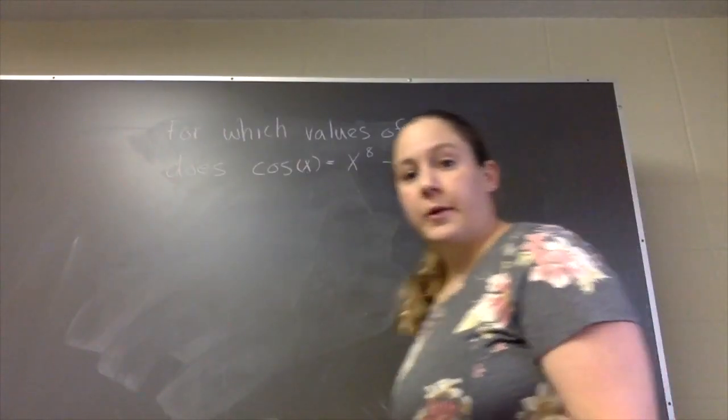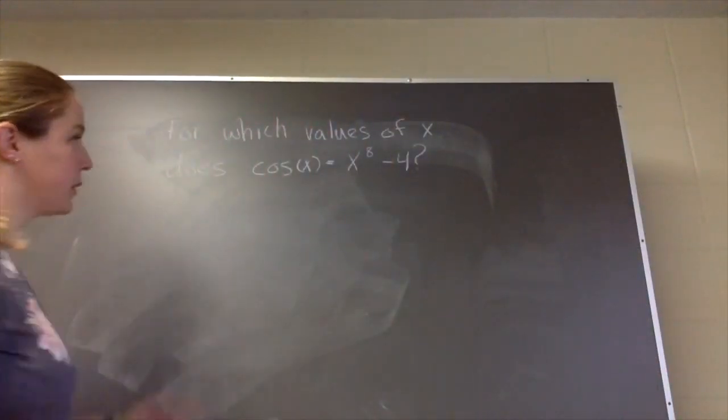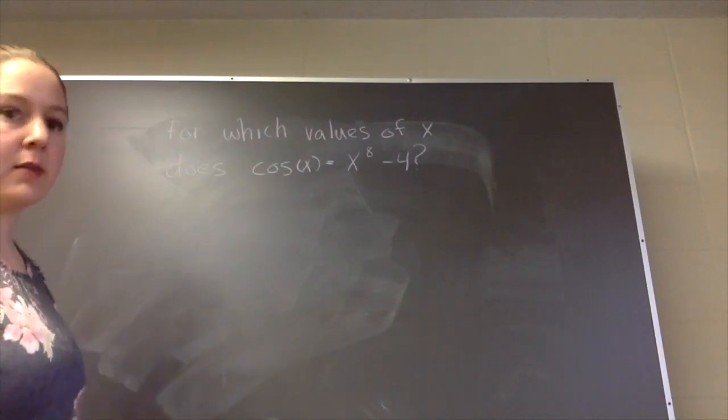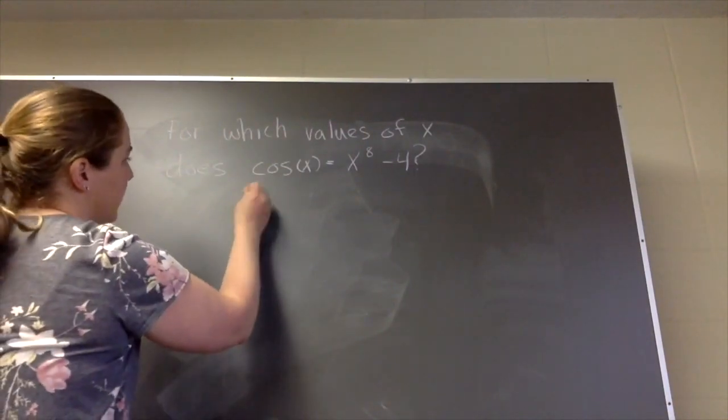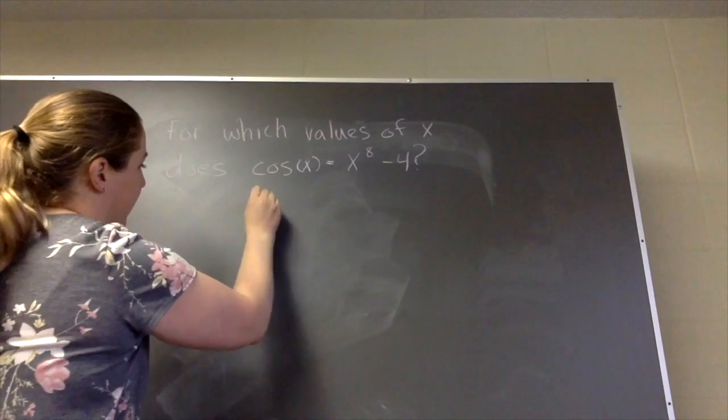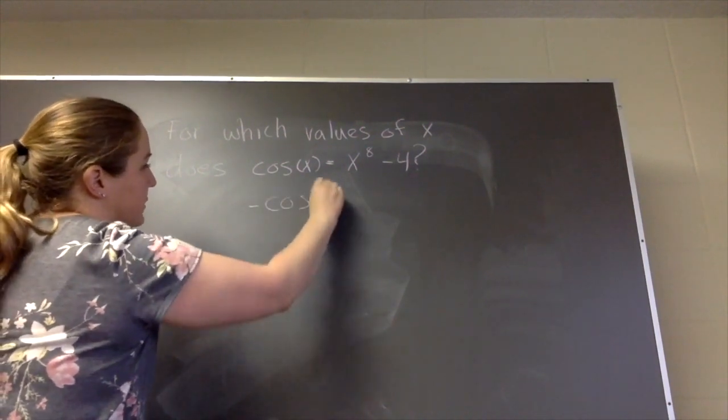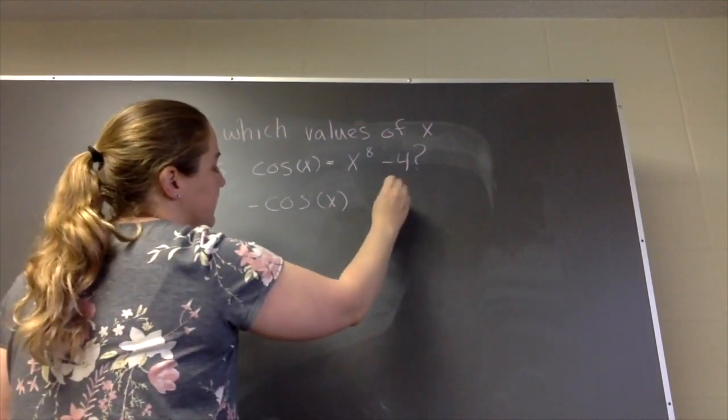So essentially what we're doing here is we are finding the root of an equation. Wolfram Alpha is taking this equation that we have here, subtracting cosine of x from both sides.